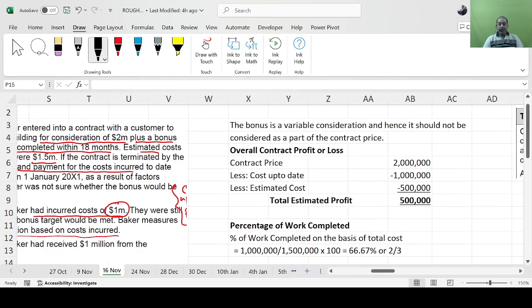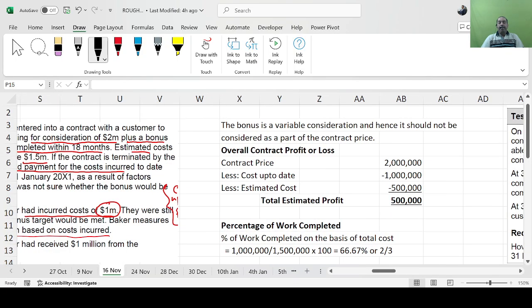The answer I have worked out and given to you here. We start first by determining the transaction price. Is it $2 million or $2 million plus the bonus of $0.4 million? In the question they have very clearly given that the probability of receiving the bonus is not likely.